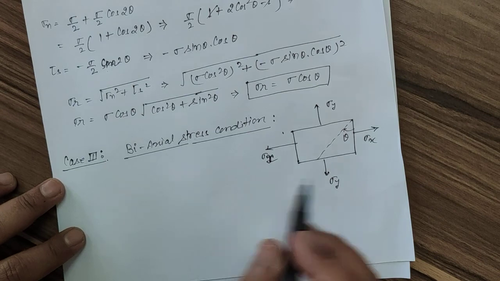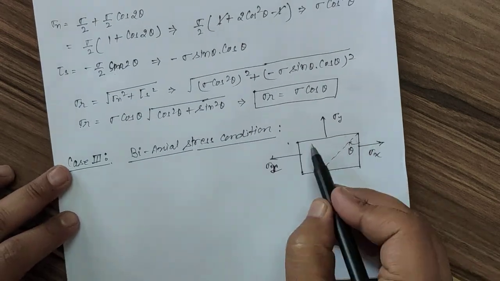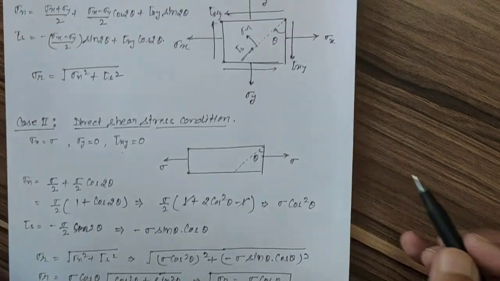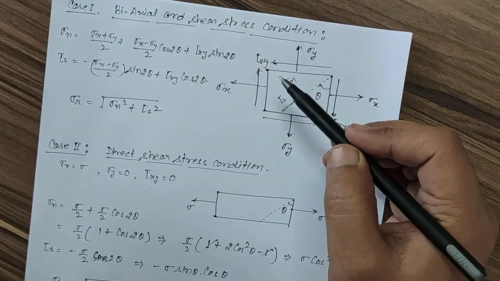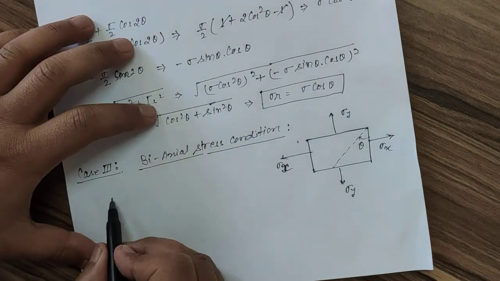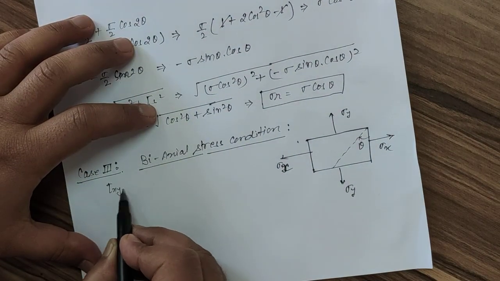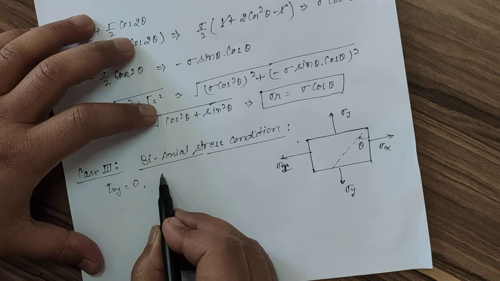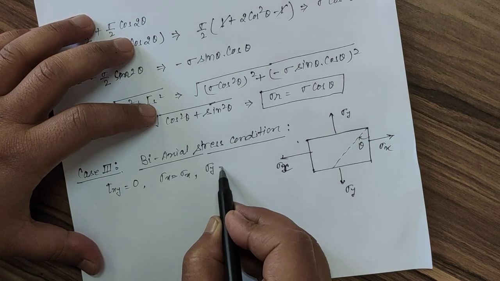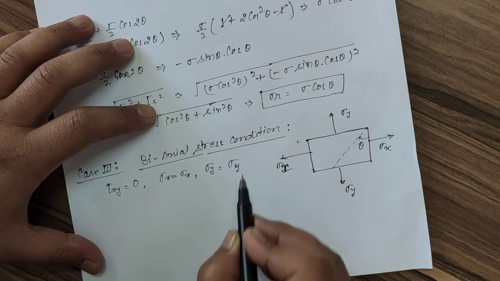Now we can derive the relations for case 3 by putting some conditions on case 1. The conditions are tau xy equal to 0, sigma x we have taken as sigma x, and sigma y we have taken as sigma y.